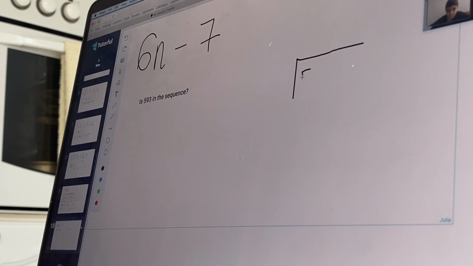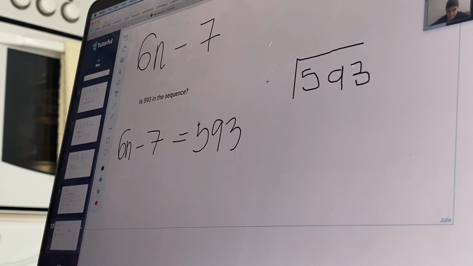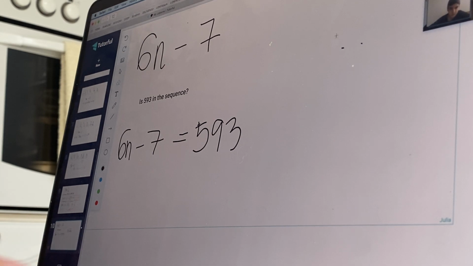Try looking at it this way. 6n minus 7 equal to 593. See if you can solve it that way. Let me just write this down. Try solving that equation that we've written up there. You see here, it's 593.